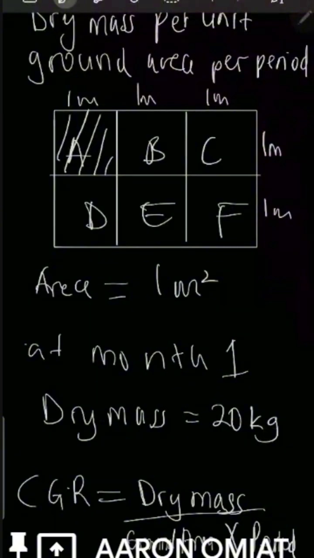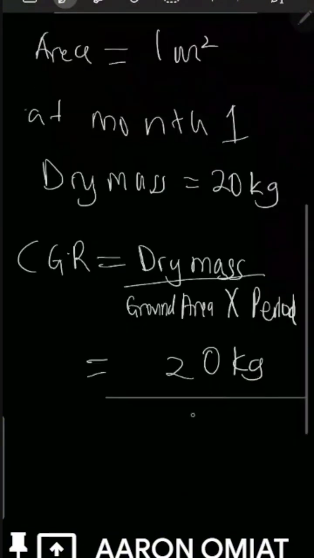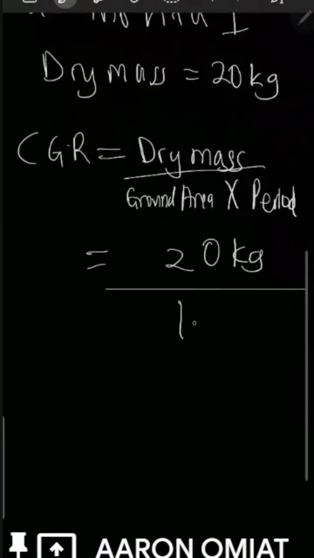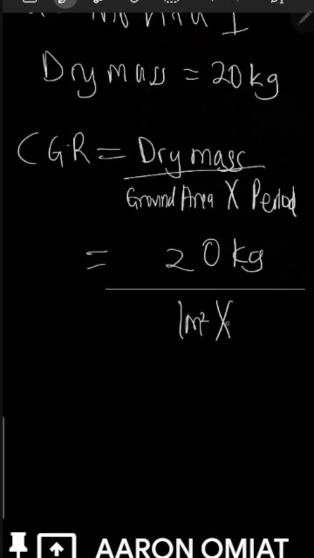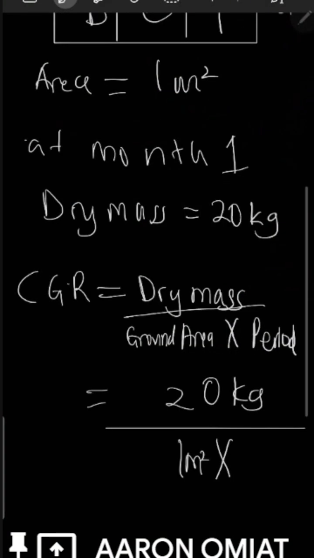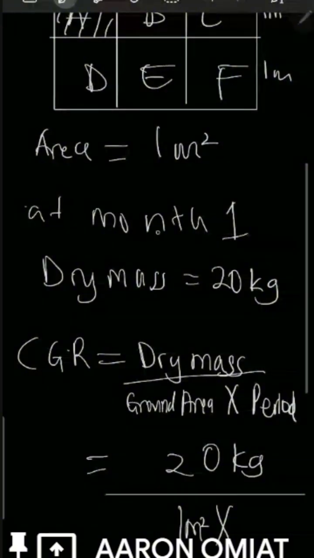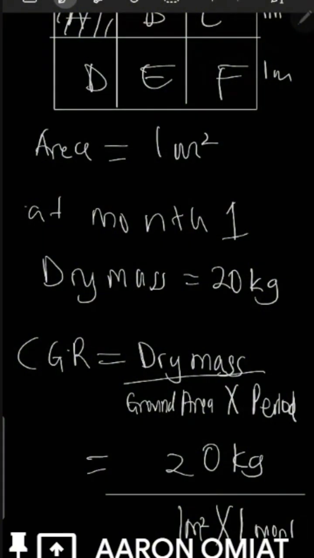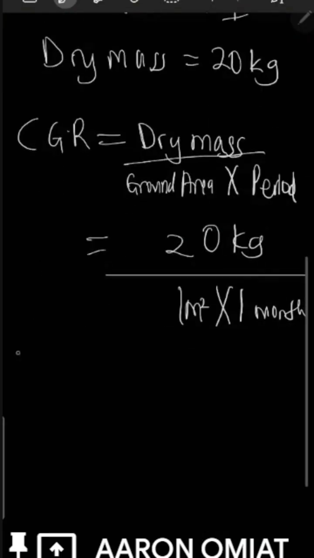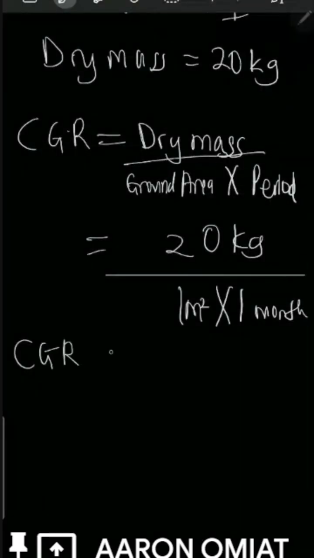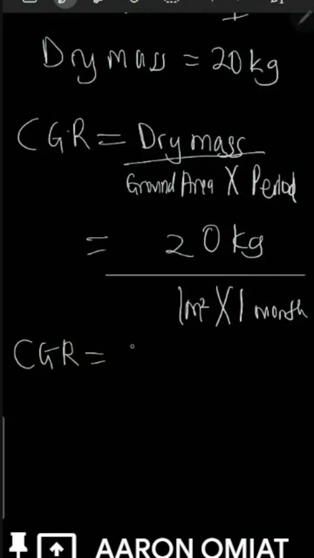Ground area is 1 meter squared. Then the period? 1 month. So what will be our CGR? 20 kgs per meter squared per month.